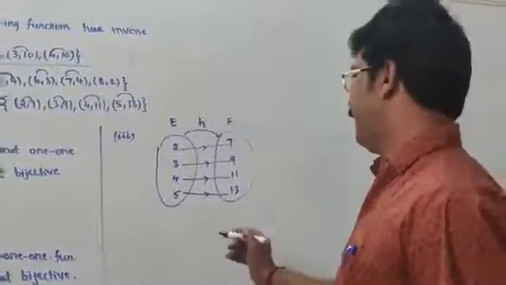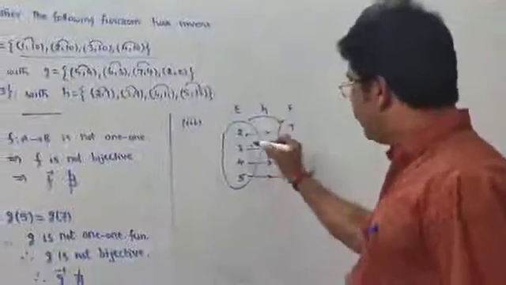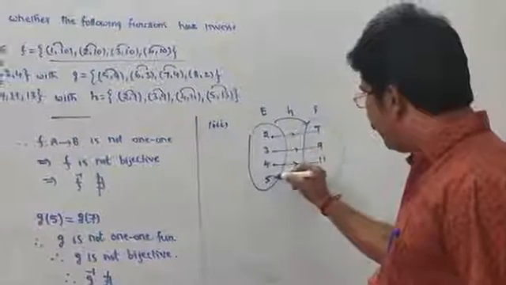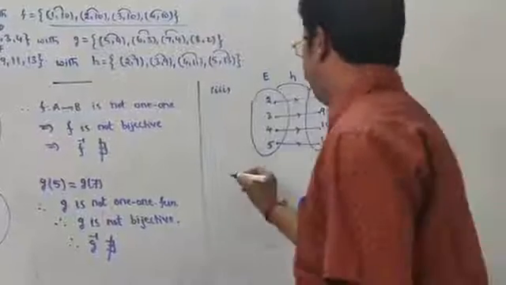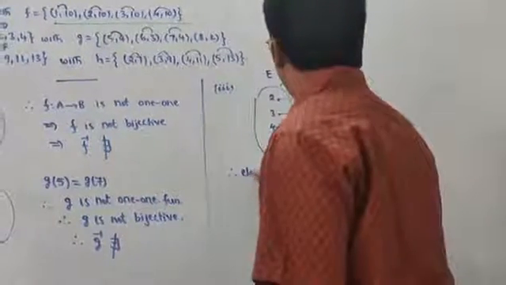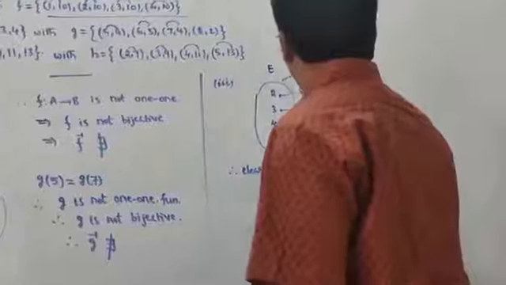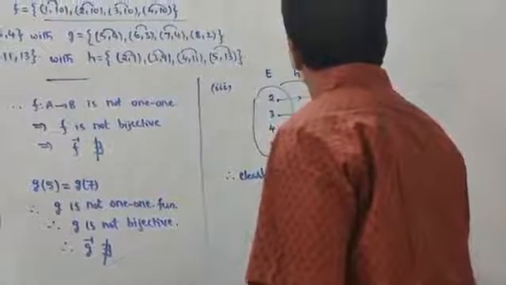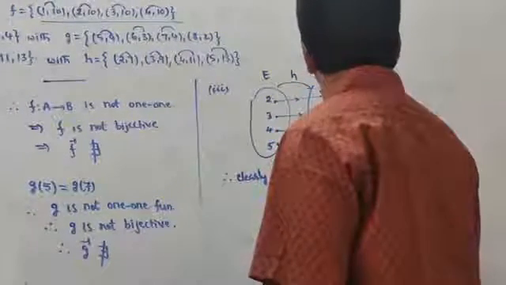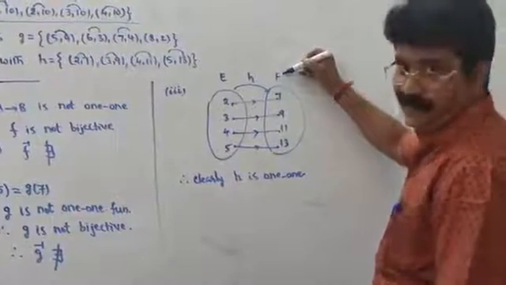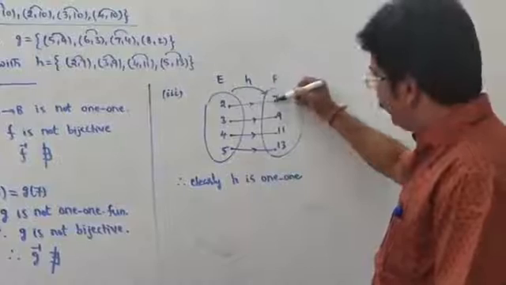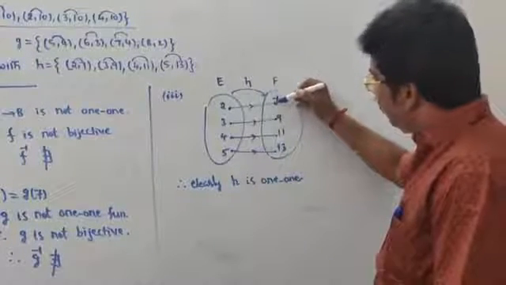So clearly, different elements are mapped with different elements. Therefore clearly h is one-one.